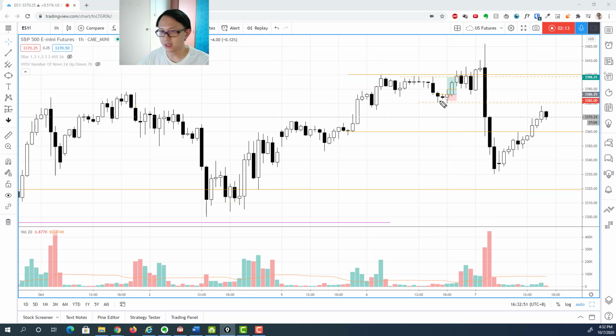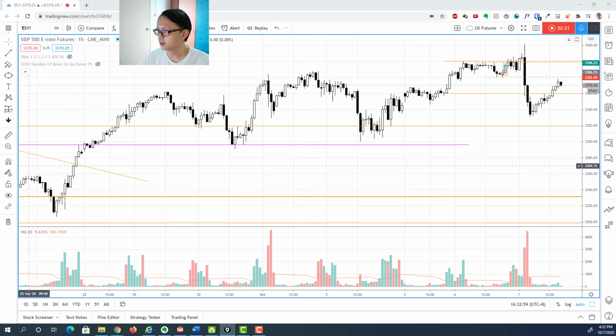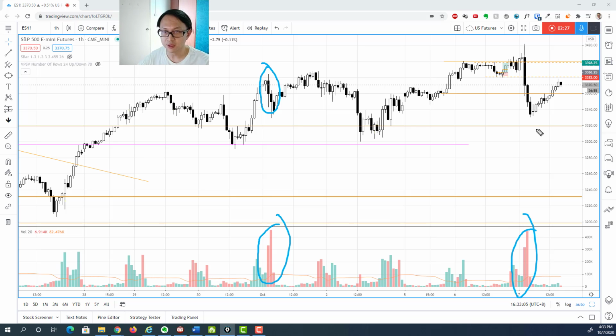And talking about this kind of sell-off with the spike of the volume, it makes me think about the sell-off that we have seen some time ago, which is this type of sell-off together with the spike of the volume. So you can see that there are quite a lot of similarities.